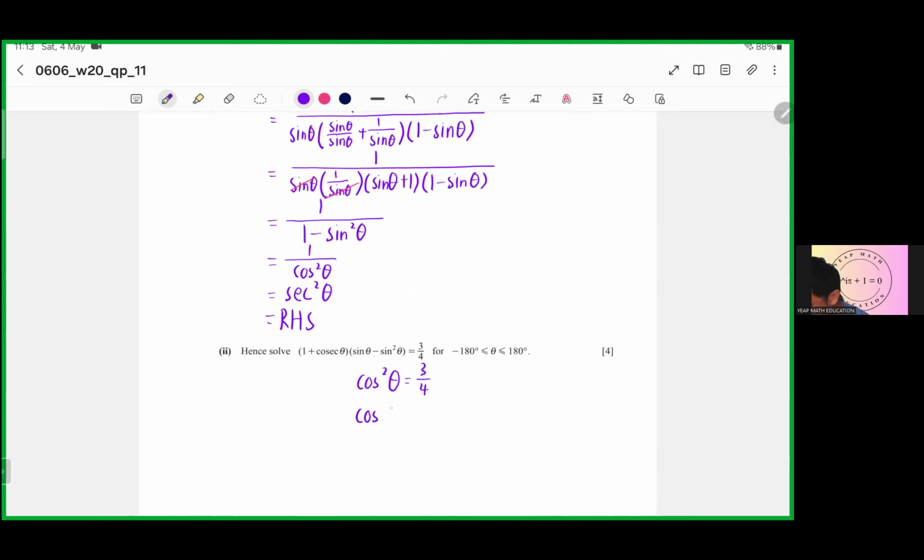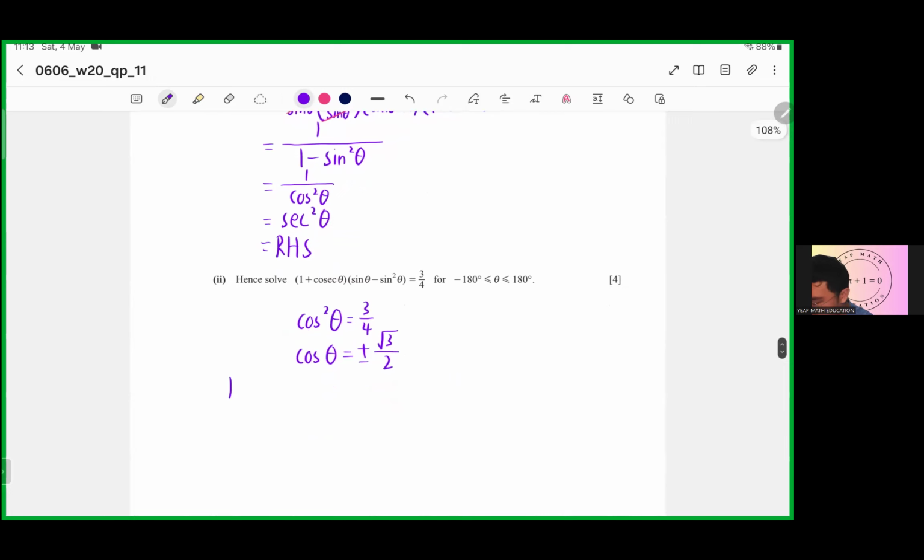Two. Okay, cos equals positive or negative root 3 over 2. So it means you need to find all the quadrants. Okay, now we need to find the reference angle first.